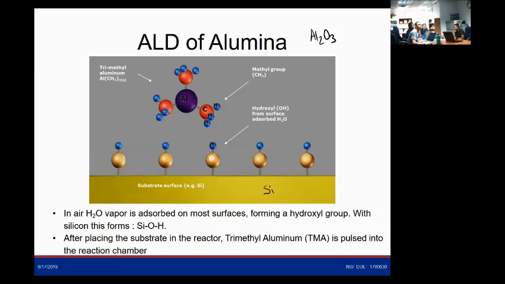As it's sitting in the lab, the humidity will make sure it will be terminated like that. So you have oxygen and you have hydrogen. That's what you will start with. This is a non-ideality, but this is going to be handy in this case. So you will introduce one precursor that is going to be TMA, trimethylaluminum. So that's this.